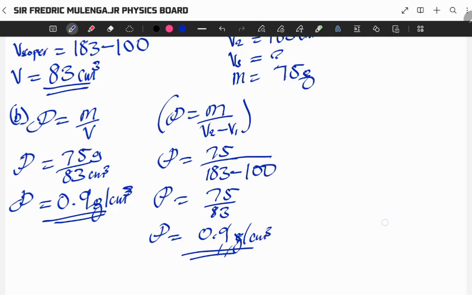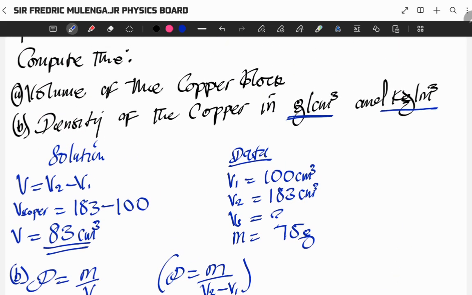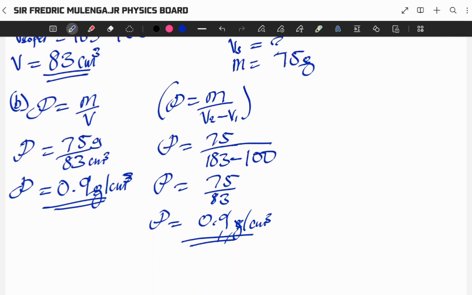All right, now if you look at the question, it says in grams and in kilogram. Okay, so we've done the first part of our answer. We've done density in grams per centimeter cubic. Then we need to do it in what? In kilogram. So we'll solve it right here, in kilogram per meter cubic.